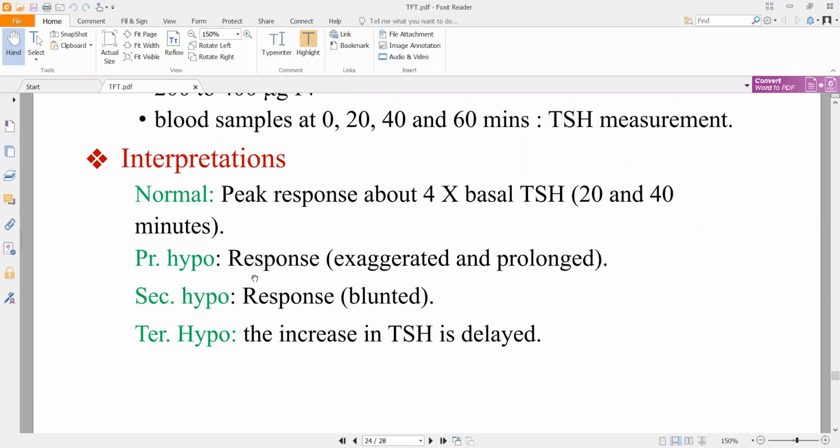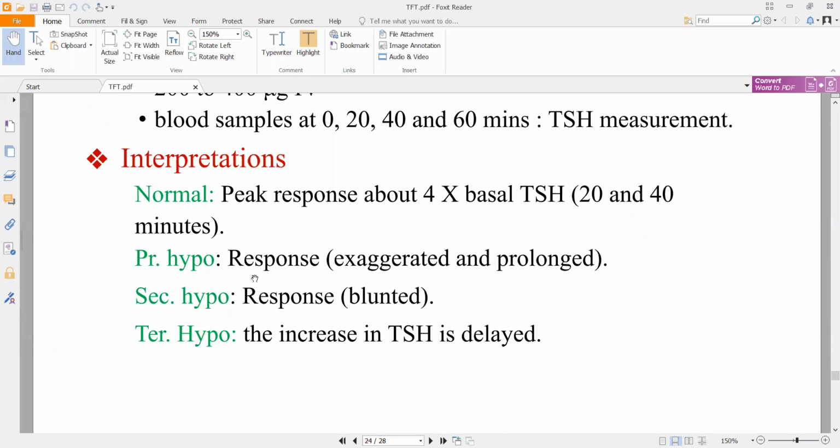What are we doing here? I am giving TRH IV to that patient. Once I give TRH IV, I will be able to see the response of TRH in the form of TSH. Normally, without any external stimulus, my TSH should be around 0.3 micro IU per ml. Let's use the lower end, 0.3 minimum.